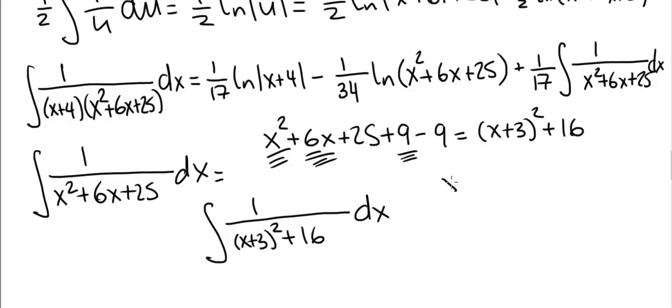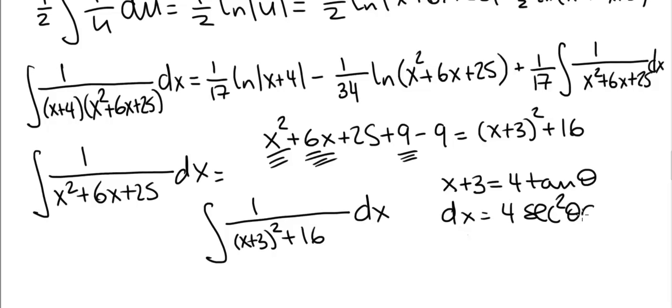And we're going to make the following substitution. x plus 3 equals 4 times tangent theta. dx is equal to 4 secant squared theta d theta. (x plus 3) squared is equal to 16 times tangent squared theta.